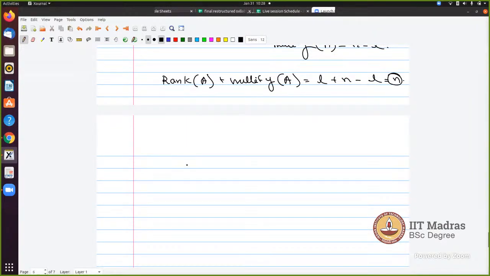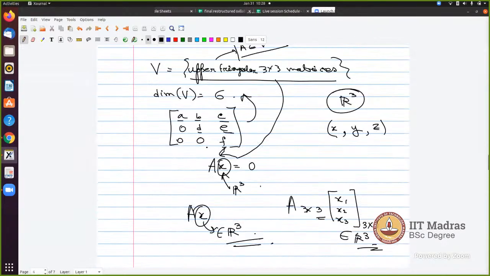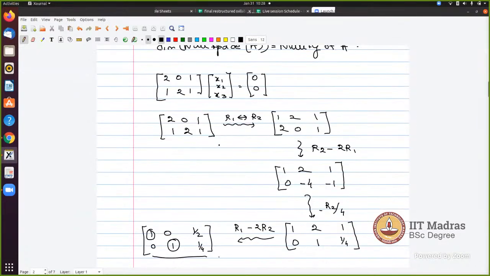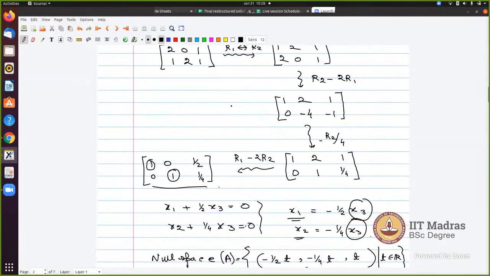In my previous example, let me go back there because we have already done one example. This is a 2 cross 3 matrix. After row reduction, I am coming to this step. This is my R. How many non-zero rows are there? 2. So the rank of this matrix is 2.